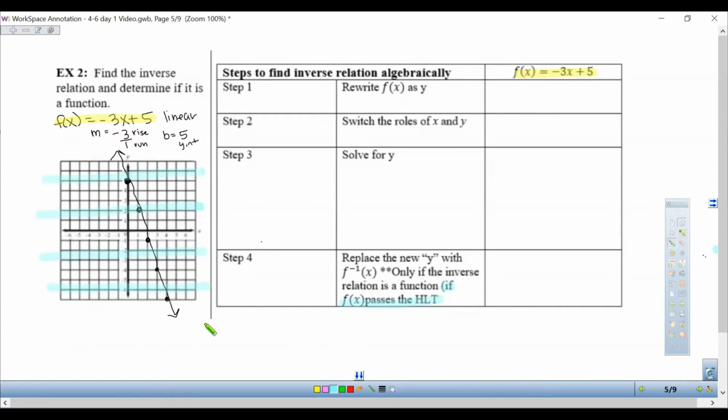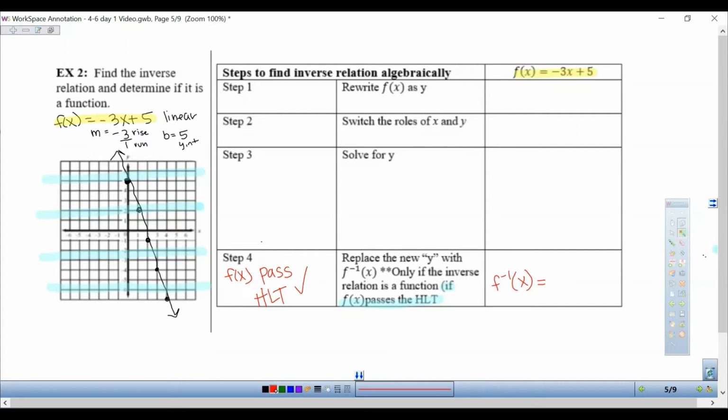And notice that that's the case for a line. So this function, f of x, passes my horizontal line test. So when I do this final step and I find my inverse, I am able to call it f inverse. Okay, so this will be an inverse function, not just an inverse relation.